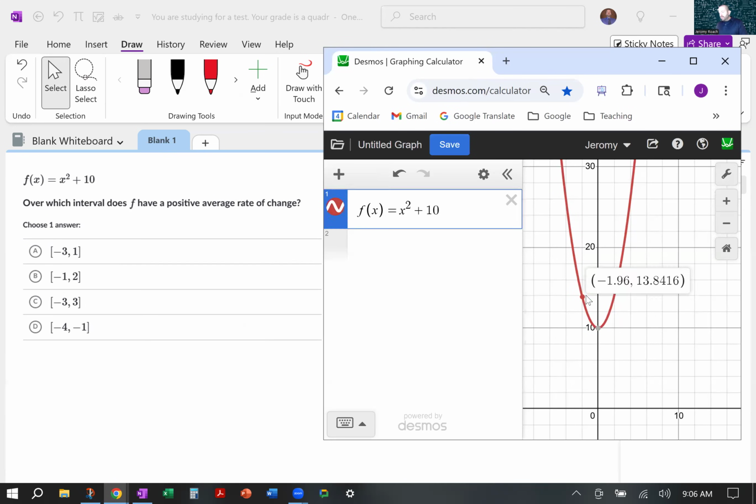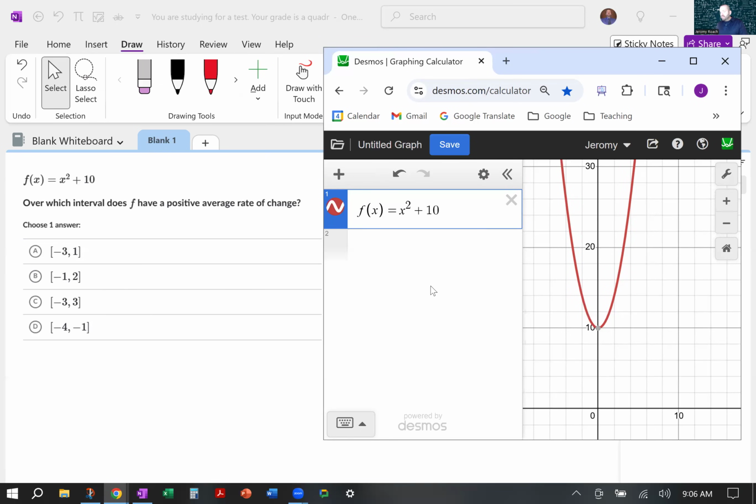So if we find x is -3, that's here, and then when x is 1, that's here. If we drew a line between those 2 points, that has a negative slope. That line's going down. So it's not A.